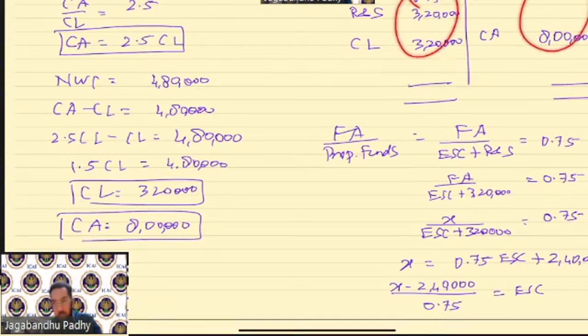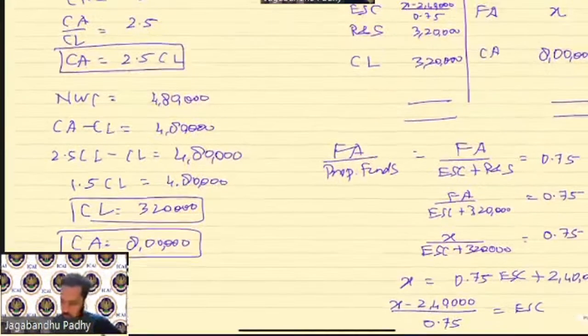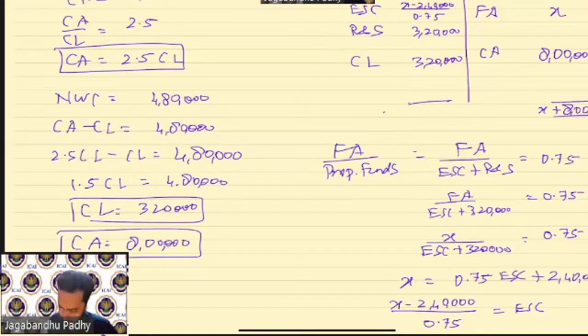But both of them should be equal, right? These two numbers should be equal. On one side we have the total as x plus 8 lakh, and on the other side we have (x minus 2,40,000) upon 0.75 plus 6,40,000.